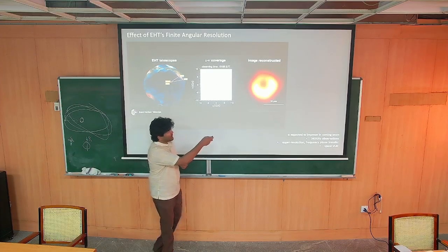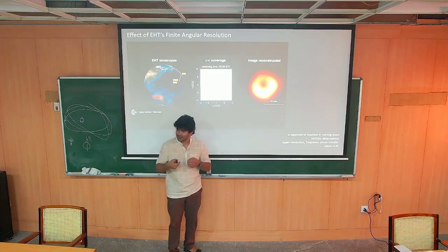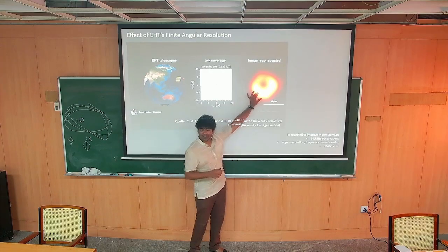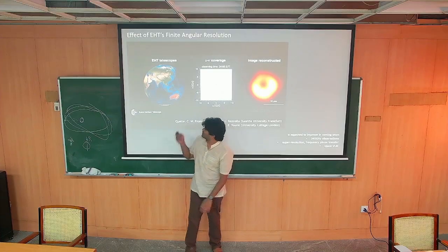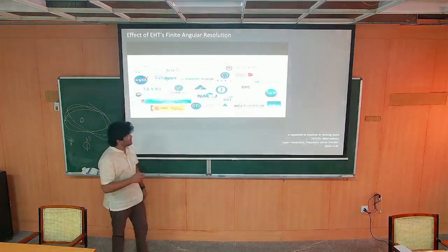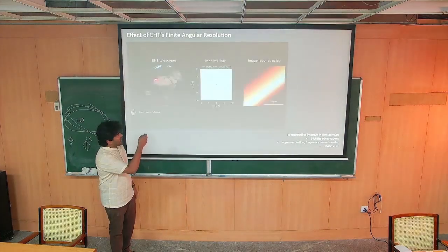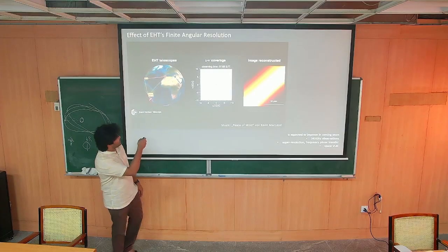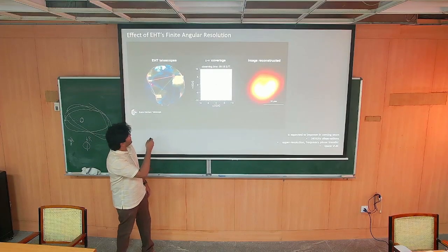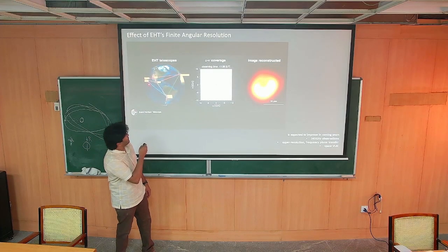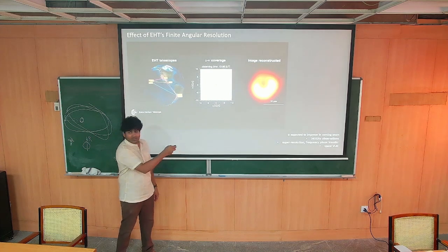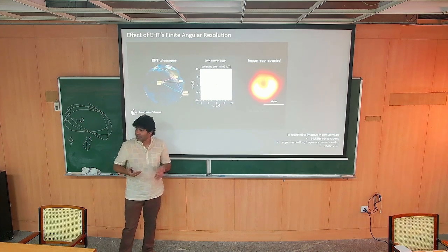You can see that with an increasing number of telescopes being added into this observation, the image gets sharper and better. Let's run this movie one more time and see how many telescopes are looking at the source. Just 2 telescopes looks like nothing. With 4 telescopes, it looks better. With a few more, 6 telescopes, 8 telescopes, it's already starting to look like the actual images that we see.